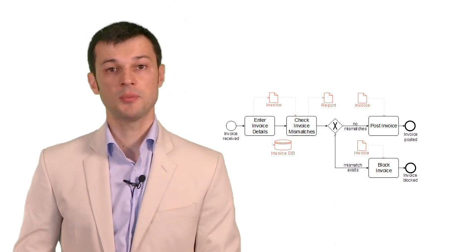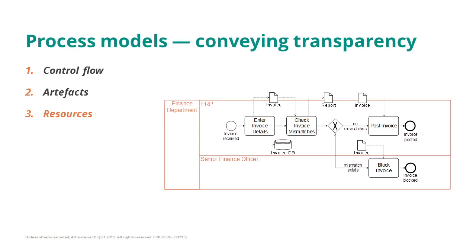The third perspective is the resource perspective, which captures who does the work. Here we are talking about either human beings, like process participants such as a senior financial officer, or systems like an ERP, enterprise resource planning system, that have to be used in order to actively perform the activities.